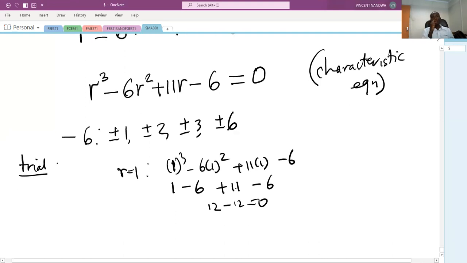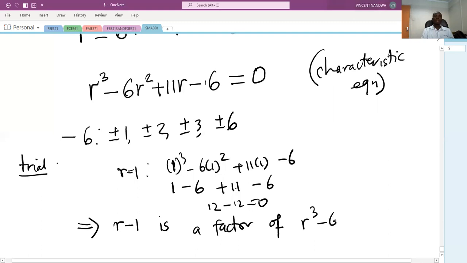Now, when we say r equals 1 is a root, then it means, taking this to the left, r minus 1 is a factor of this cubic polynomial to the left of this equation, r cubed minus 6r squared plus 11r minus 6.